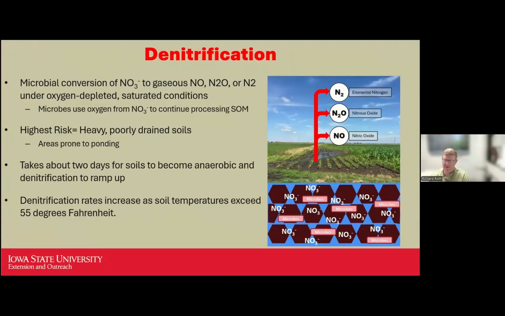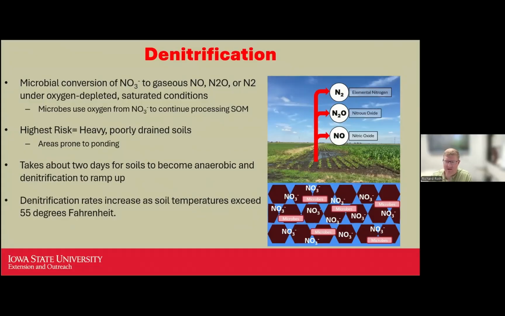It doesn't typically happen evenly across the field, but we all know those spots in our fields that pond, and those are the ones most susceptible to denitrification, especially if they stay saturated for multiple days and when it happens later in the season. As soil temperatures increase above about 55, the rate really starts to ramp up.